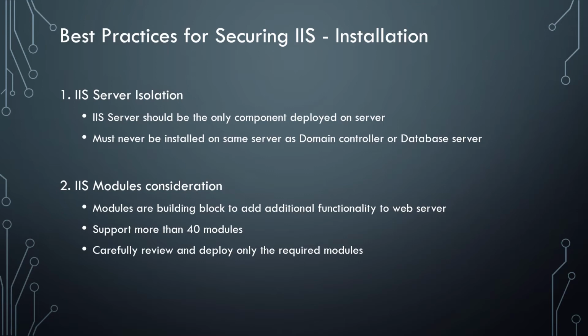We should carefully review and deploy only the required modules. This helps in reducing the potential attack surface area. In addition, these modules should be reviewed periodically to ensure that unwanted modules or modules which are no longer in use are disabled or removed.